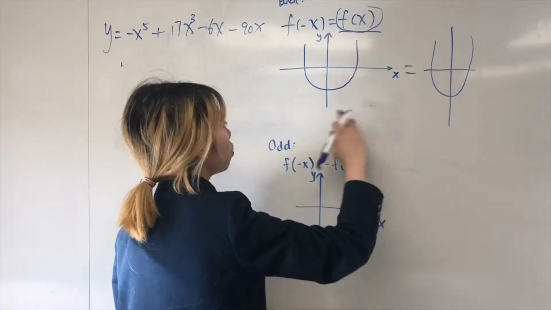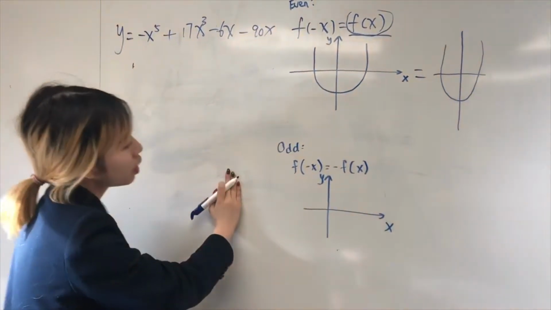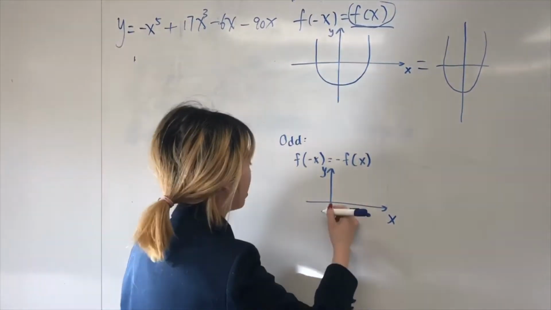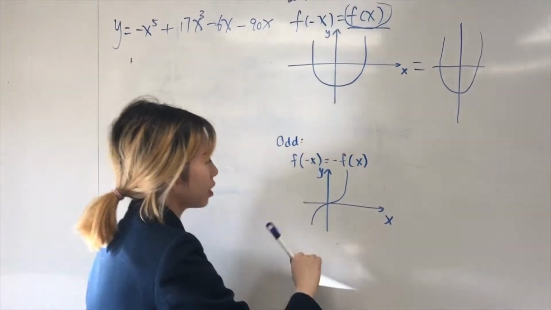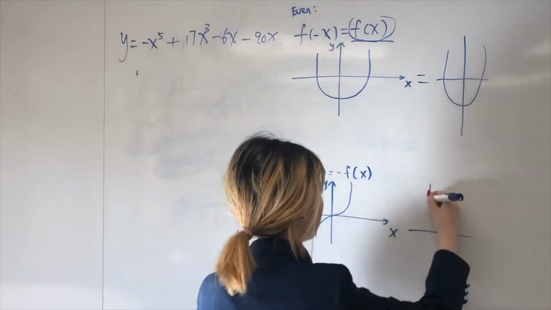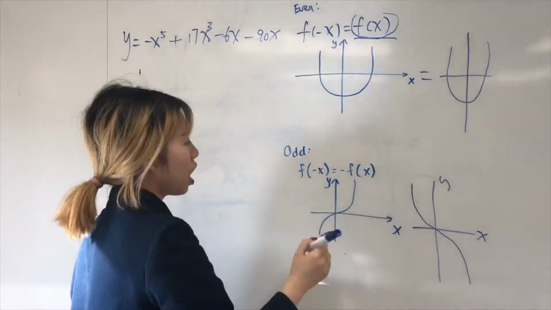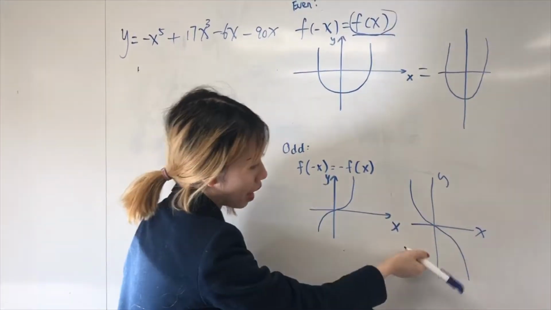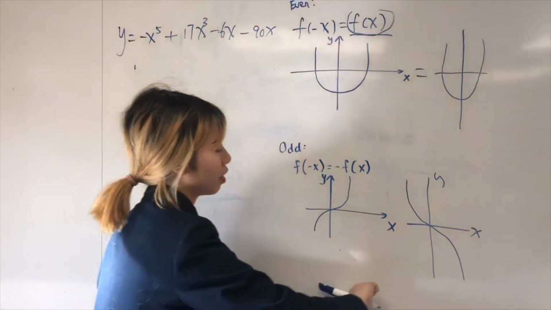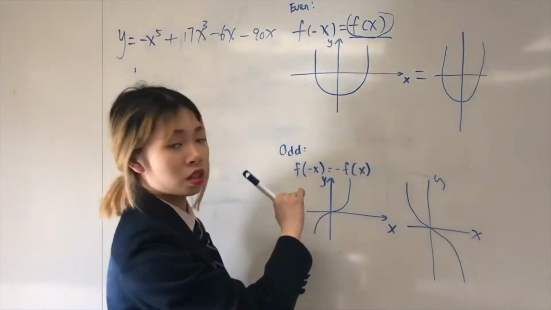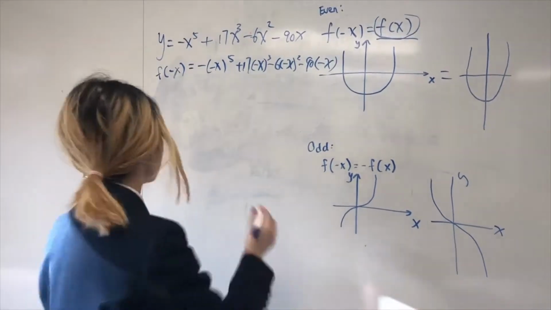So if you can see this, it has even symmetry, and if it's odd, just for example a cubic graph, when you reflect it over the y-axis, it will look like this. If you reflect it over the x-axis, it still looks like this. So if you see this characteristic, it has odd symmetry. Now we need to prove it as an even, odd, or neither function.